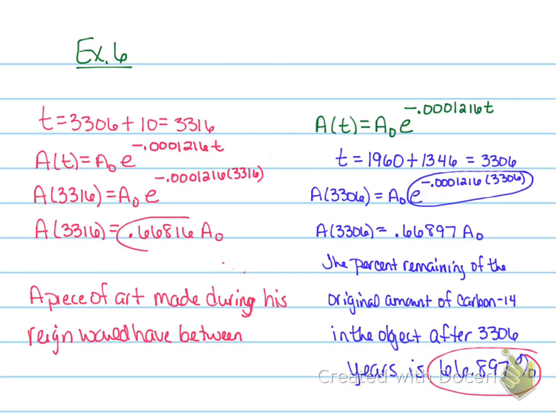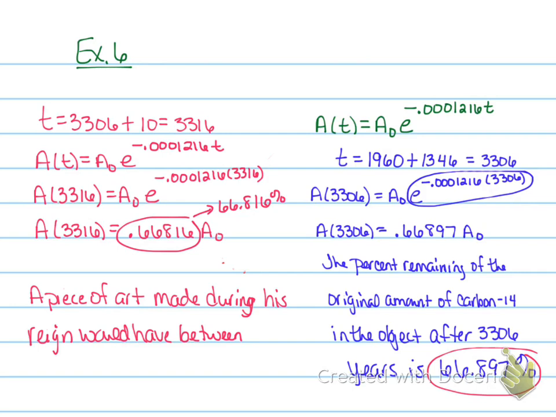We know this here, now we didn't write it, but remember this as a percent would be 66.816%. That's if it was at the very beginning of his reign. So if it was during his reign, it's got to be in between those two numbers.